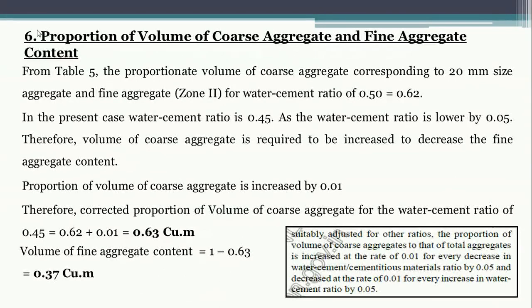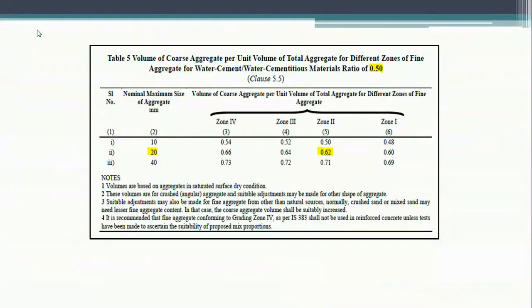So next is proportion of volume of coarse aggregate and fine aggregate content. So here, from Table 5 you have to refer the value. As you all know, it is given for the water cement ratio of 0.5. I have highlighted it. So these entire values are given for the water cement ratio of 0.5.